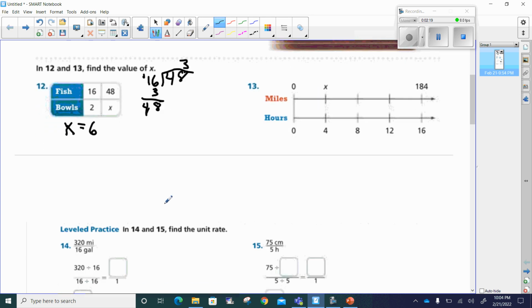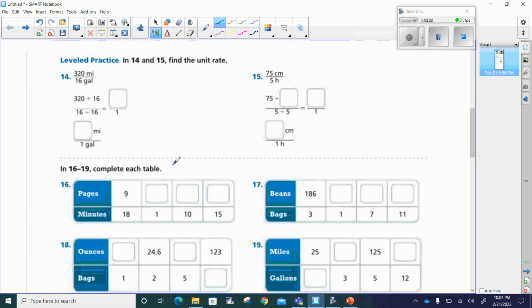All right. Number 14 is next, for me anyways. In 14 to 15, find the unit rate. So we're trying to find out what 1 is here. We got 320 miles in 16 gallons. We're dividing both by 16, because that's what you do: 320 divided by 16. And that gives you what?